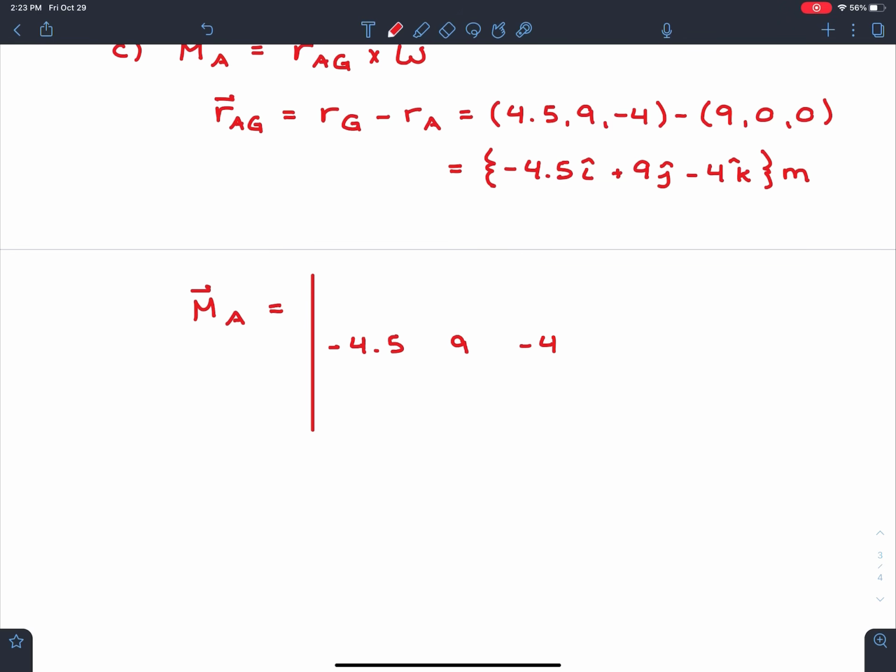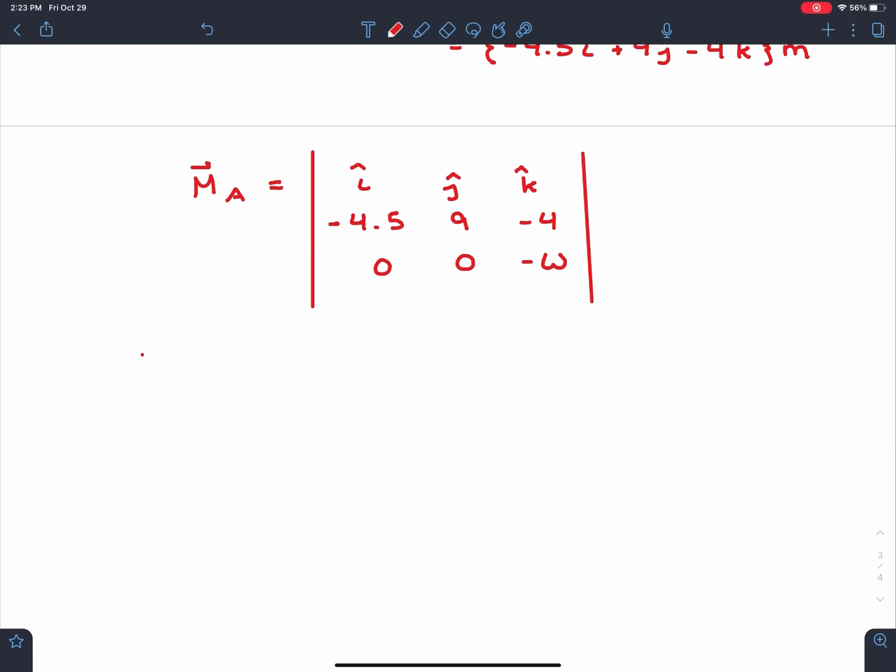Our force vector we know was 0, 0, negative W, and then our components at the top are I, J, and K. Then all we have to do is use whatever method you prefer. I'm not going to tell you which method you should use; I prefer the fish method, I prefer, I don't know, Dr. Cruz's method, whatever you want.